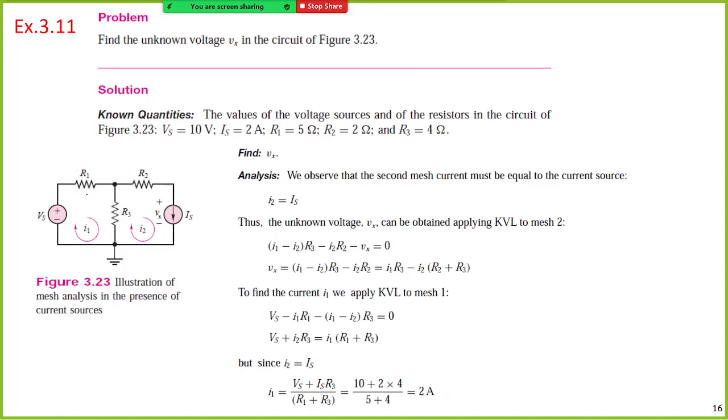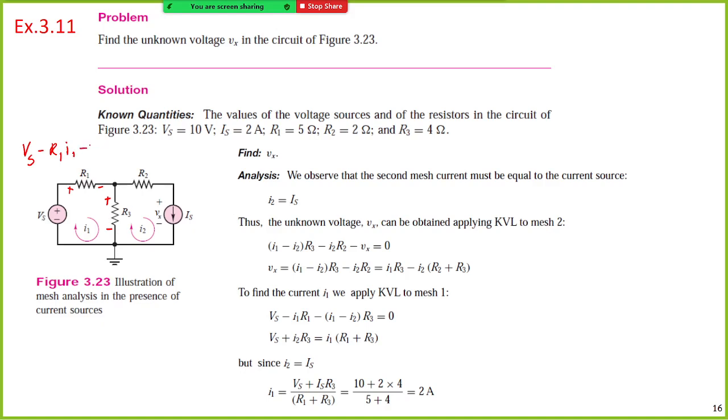So I will form KVL of mesh 1. Positive, negative here, positive, negative here. So it's Vs minus R1 I1, and what is this?